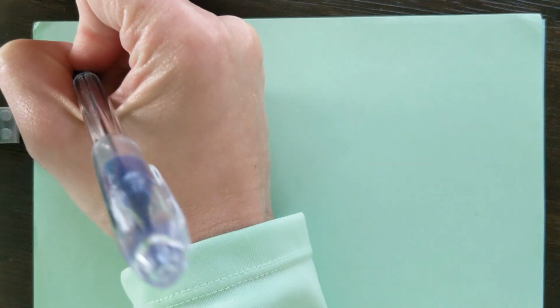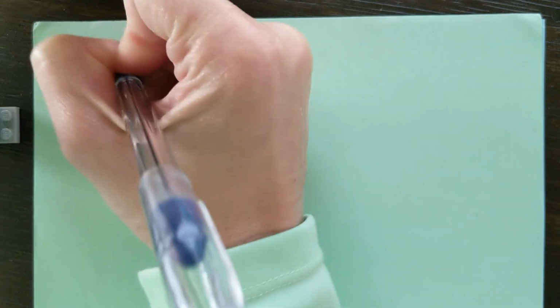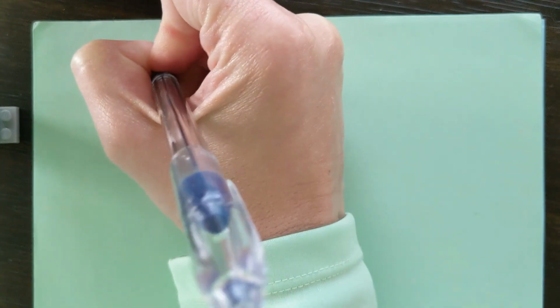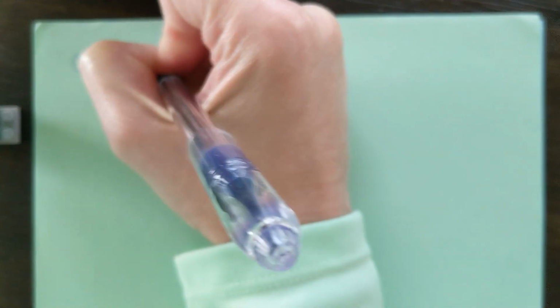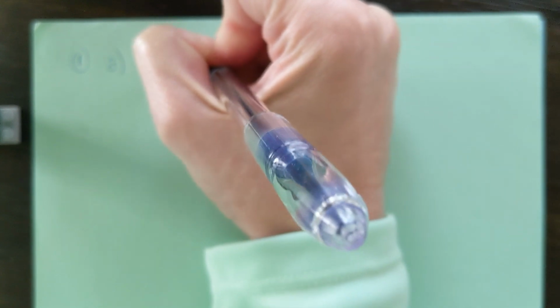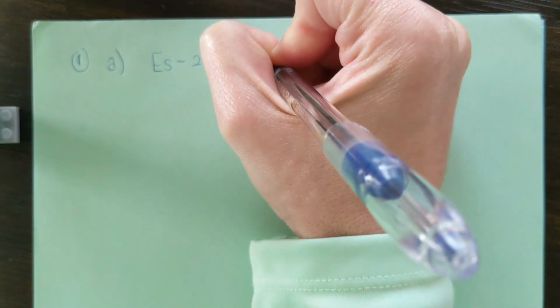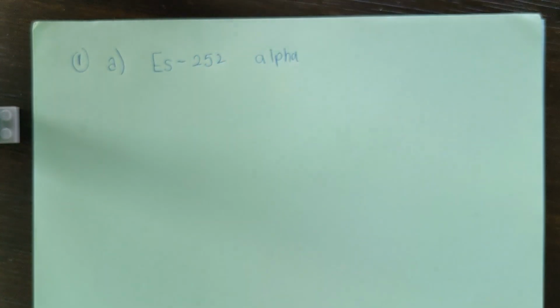So we're looking at question 1, and A says that Einsteinium, ES 252, undergoes an alpha decay. We have Einsteinium 252 with an alpha decay.